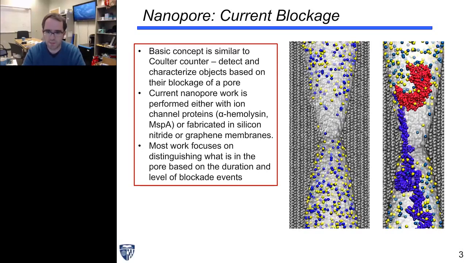Most nanopore work is either performed with ion channel proteins like alpha-hemolysin, MspA, or CsgG, or it's in fabricated silicon nitride or graphene membranes. Most of the work that's done with nanopore sequencing nowadays is still focused on distinguishing exactly what's in the pore based on both the duration, how long things are staying in the pore, and the level of the current blockade events, what the current levels are.